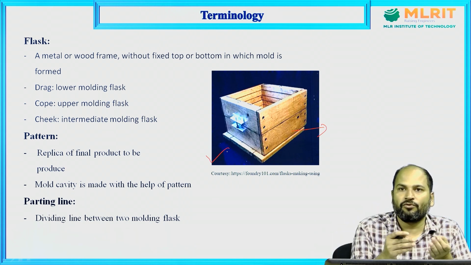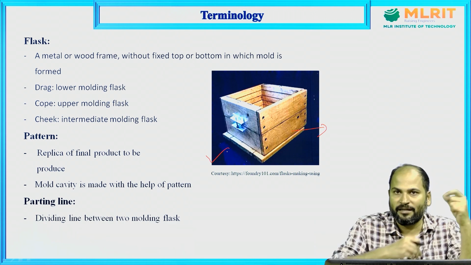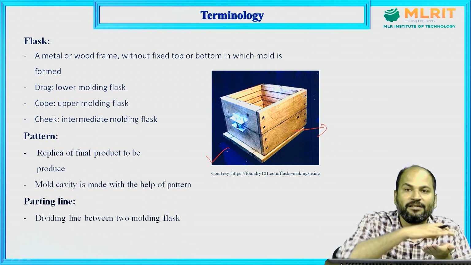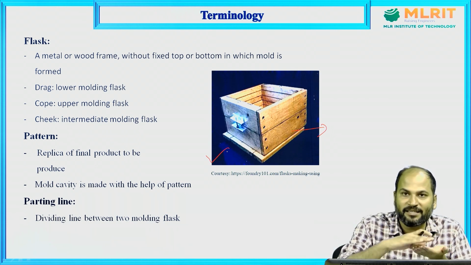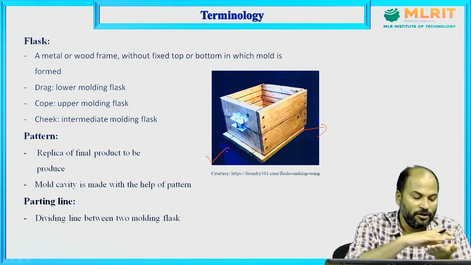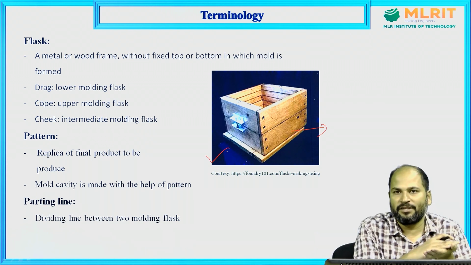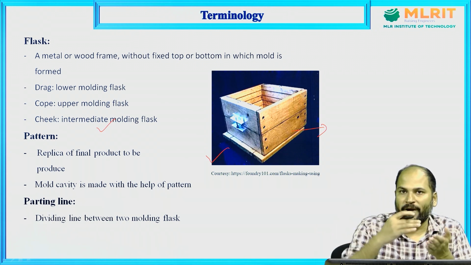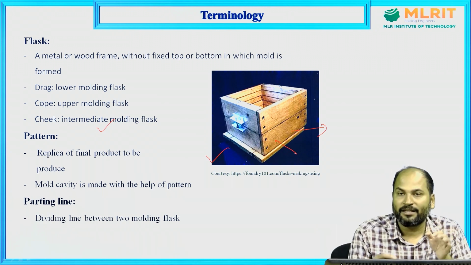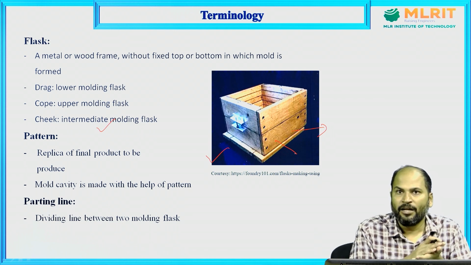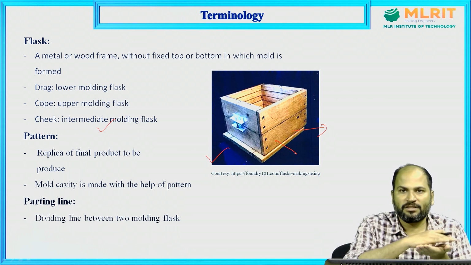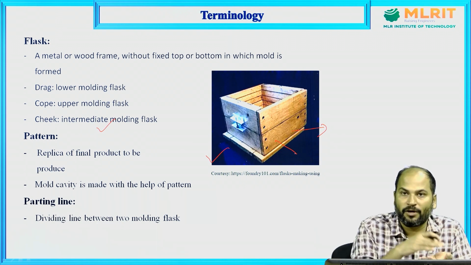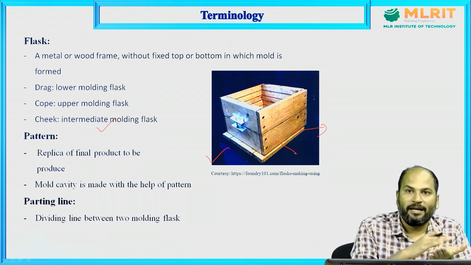Suppose you are going to produce a wheel with spokes, just like a car wheel. In that case, you need three boxes. If three boxes are needed, whichever is in the intermediate position is known as cheek. The top is known as cope, and the one at the bottom is known as drag.